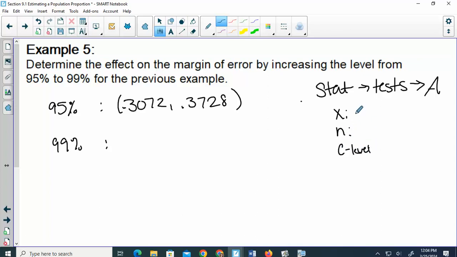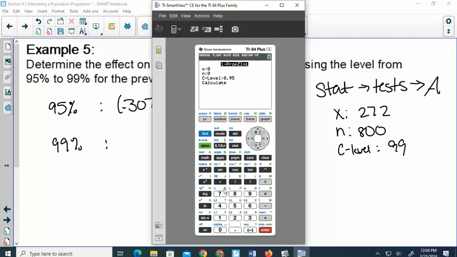So X, we used when we did p hat, X was 272. N, how many did we have in our sample? 800. And what confidence level am I looking for? Okay. So we have X, 272, N, 800, confidence level 0.99.